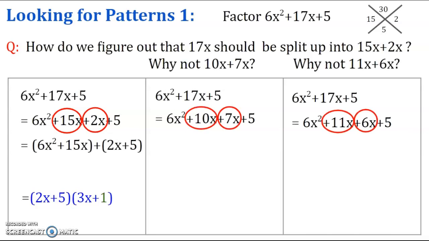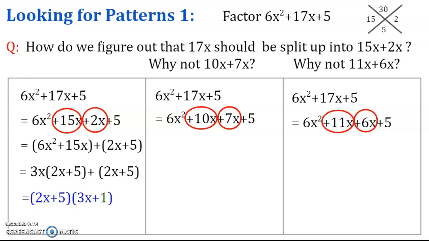All right, so in this case, when we did it properly, we split it up as 15x and 2x. You look for the GCF of the first parenthesis. You get 3x, and 2x plus 5 is inside the parenthesis. What about 2x plus 5 here? Well, we don't have any factor to pull out.